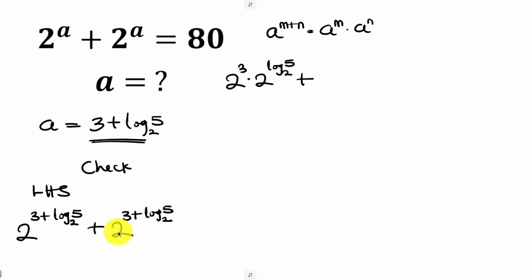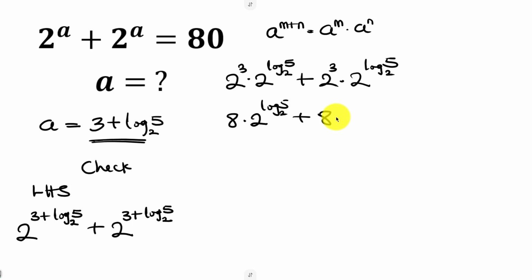This becomes 2 to the power of 3 times 2 to the power of log base 2 of 5. Very good. We all know that 2 to the power of 3 is 8, so this is 8 times 2 to the power of log base 2 of 5, plus 8 times 2 to the power of log base 2 of 5.